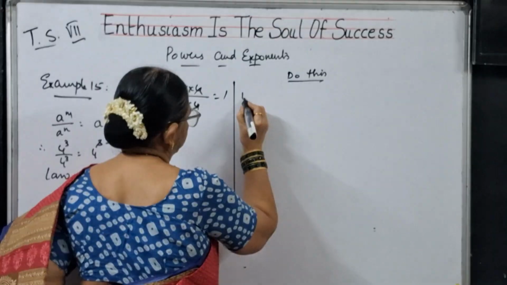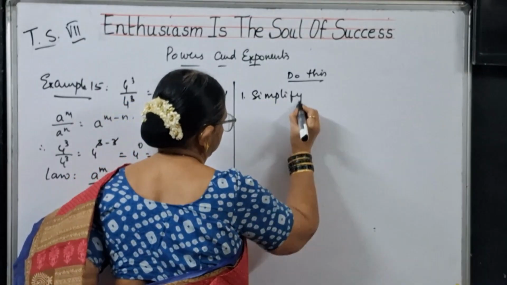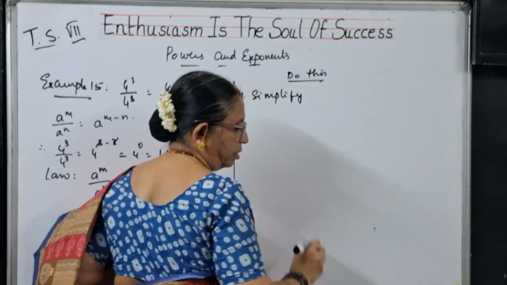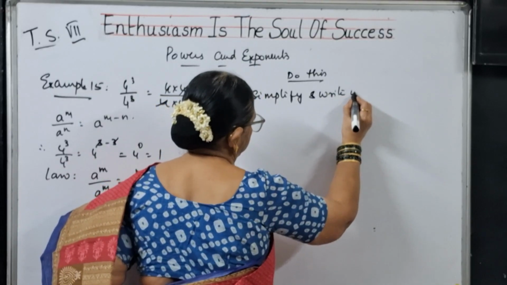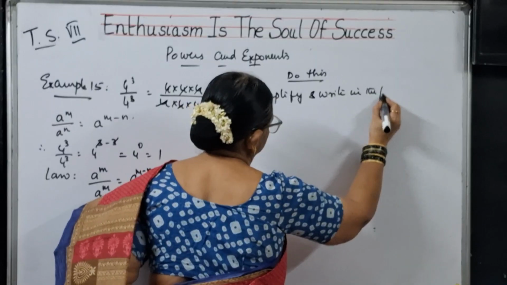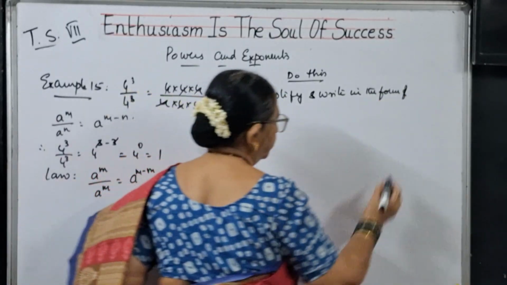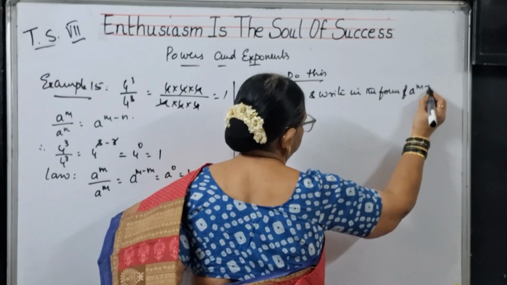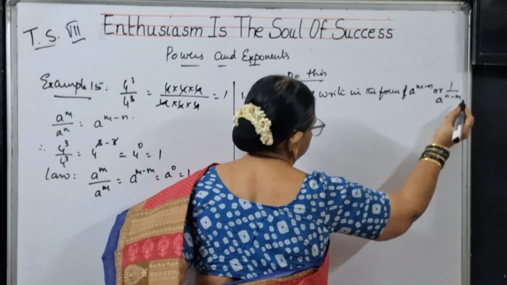The first one is: simplify and write in the form of a to the power of m minus n or 1 by a to the power of n minus m.